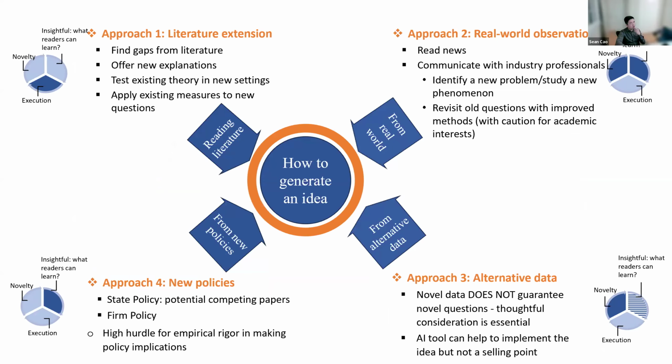One question I get often is, how do I generate ideas? Normally people generate ideas in four ways. We generate ideas from the literature, filling the gap. We generate ideas from the real world by talking to industry professionals. We generate ideas by having unique data someone doesn't have. We generate ideas by focusing on regulation or policy, doing a difference-in-differences.